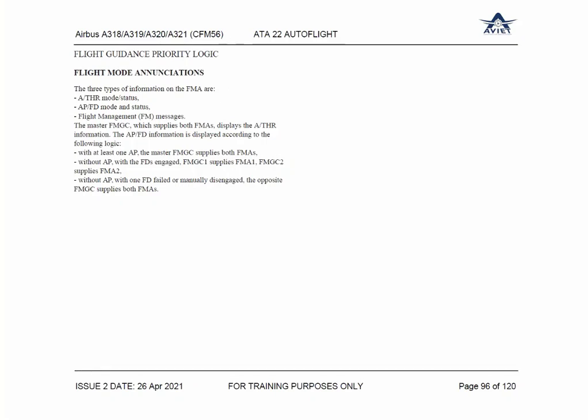Who supplies? Master FMGC will supply both FMA indications: auto thrust information and AP/FD information, according to the logic. What is the logic? At least one autopilot is engaged. Then master FMGC will supply both FMA indications.